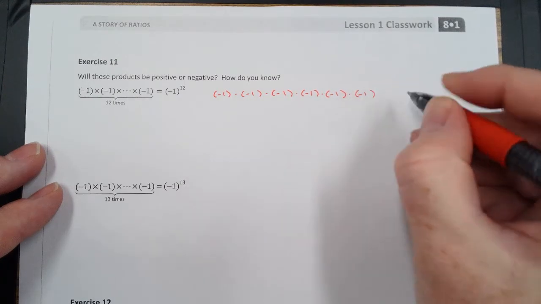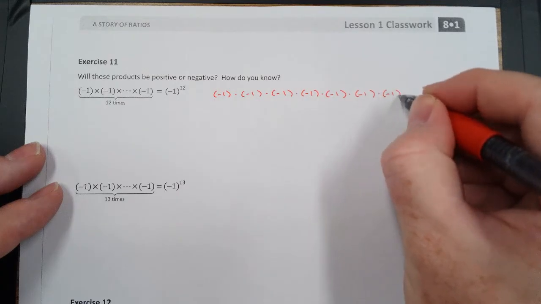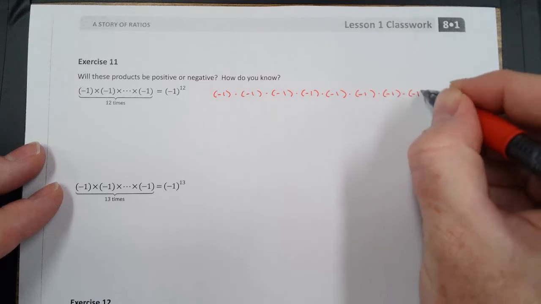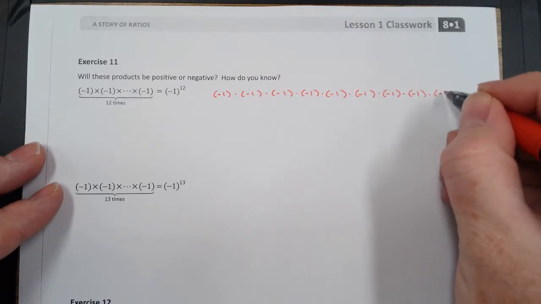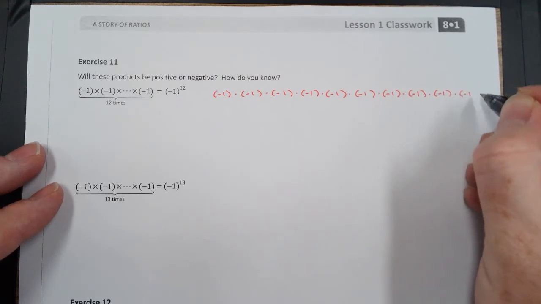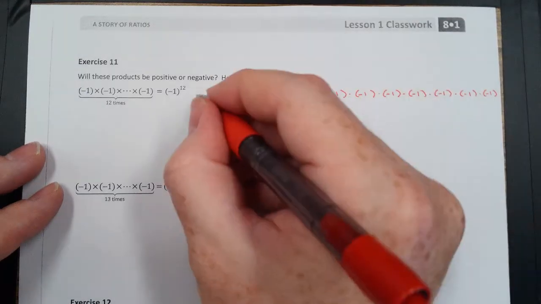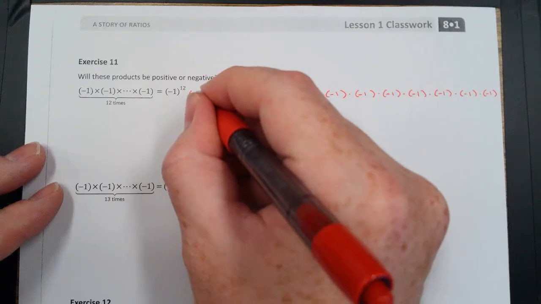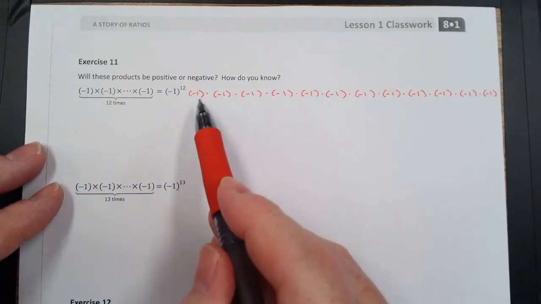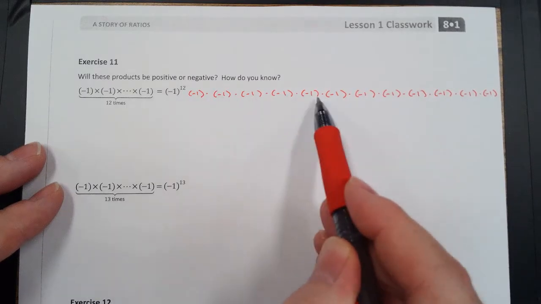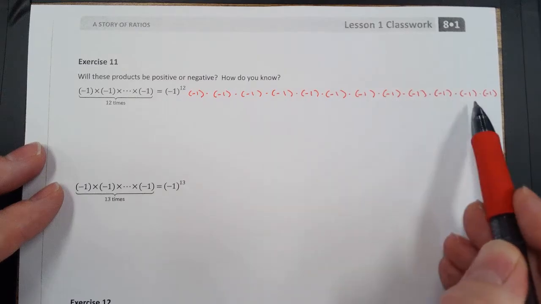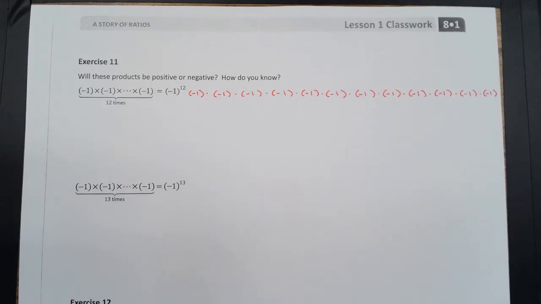Times -1, that's 6, 7, 8, 9, 10, 11, and I'm going to add 1 to the beginning because I did not plan ahead well, but that's 12 times. 1, 2, 3, 4, 5, 6, 7, 8, 9, 10, 11, 12. Good, that's 12 times.